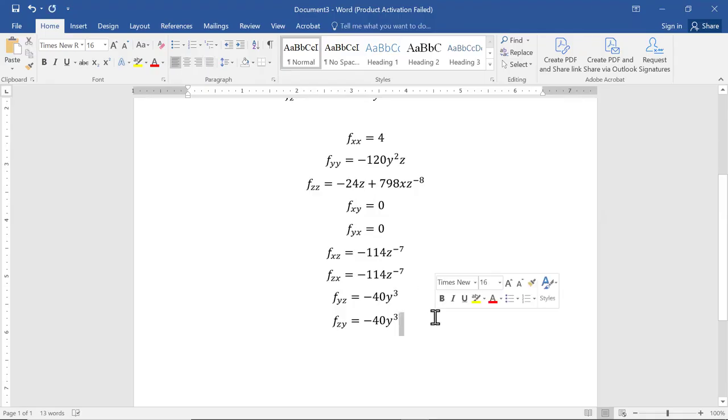That's not just this function, but that's every function. Those mixed partials are going to be equal to each other as long as we have the same two variables. Obviously, xy is not going to match up with xz, but xy matches up with yx. So whichever order you take those in.